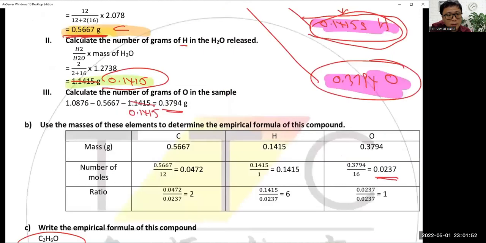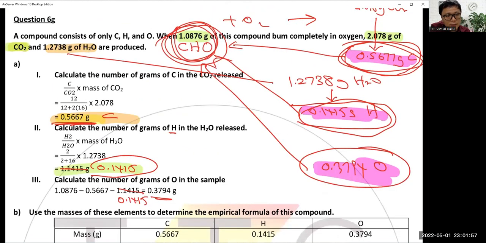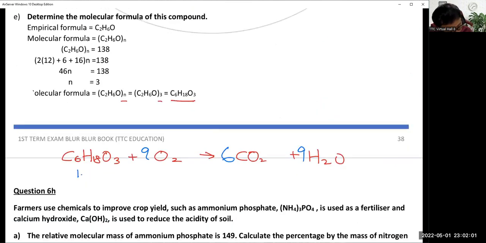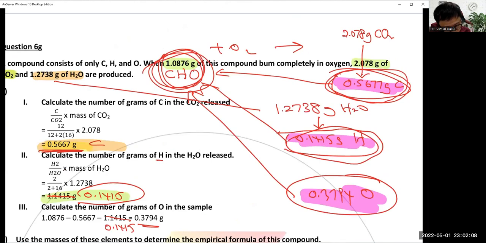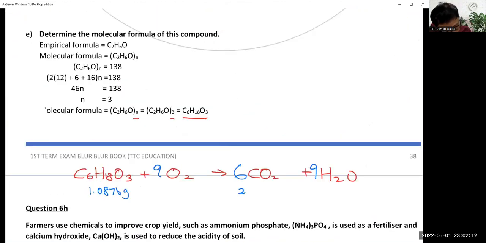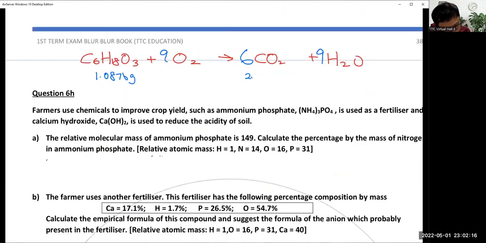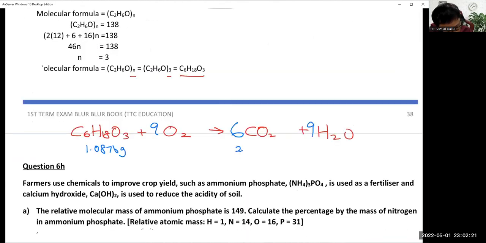So we have 1.0876 gram of the compound. Then it produced 2.078 gram of carbon dioxide.